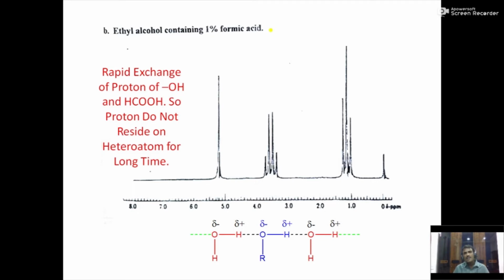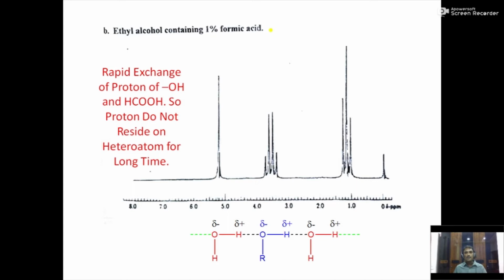So it is not residing on the heteroatom, that is oxygen, for a long time. It is continuously exchanging. That's why it is not available for coupling, and we are getting a singlet for OH, a quartet for CH2, and a triplet for CH3. The signal is shown here.